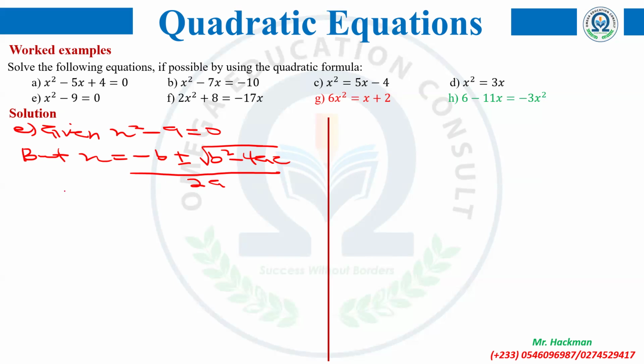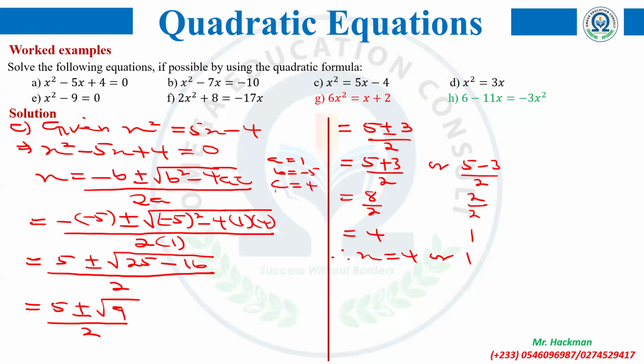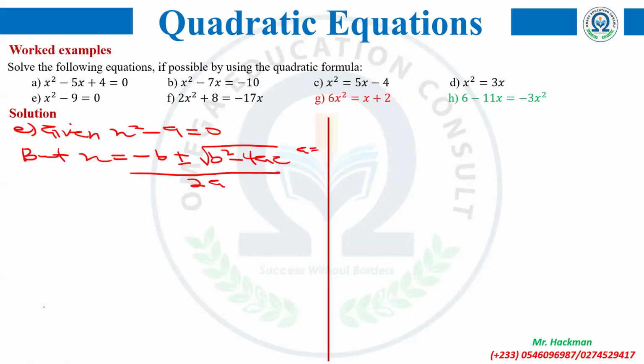So at this point, I know I need my a, b, and c. So my rough work: I should have cancelled it. I forgot to tell you that. You strike it out. Every rough work must be cancelled, but you cancel in such a way that it will still be readable. So a is equal to 1, the coefficient of x squared. What will be the value of b?